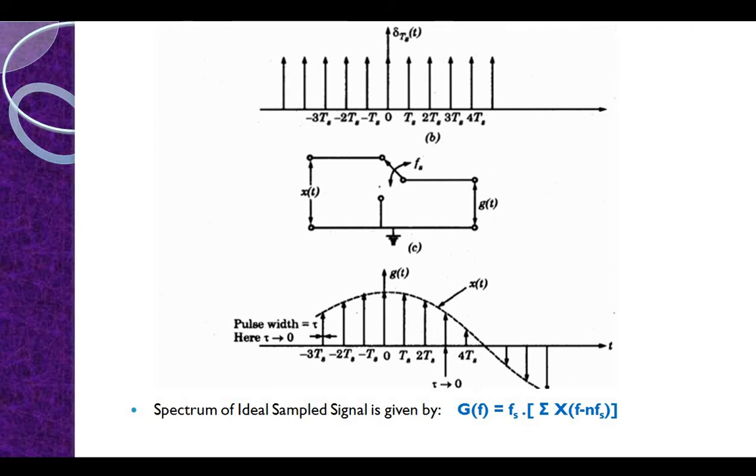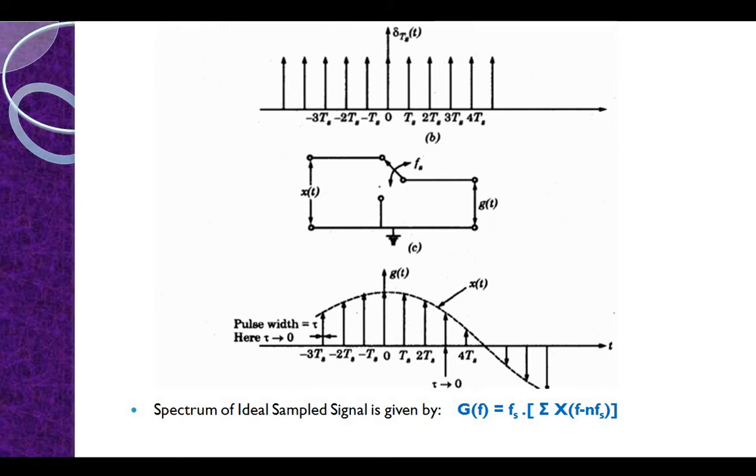Now see the working; I'll explain it simply. In the circuit here, I am considering a normal switch, and the input signal is x of t, which is your message signal. The working operation of the circuit is very simple. Whenever the switch is on, we get the input reproduced at the output.